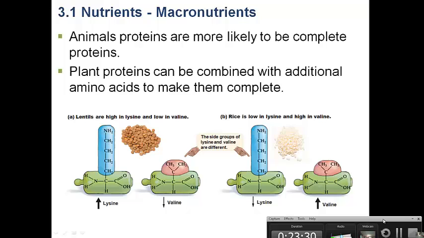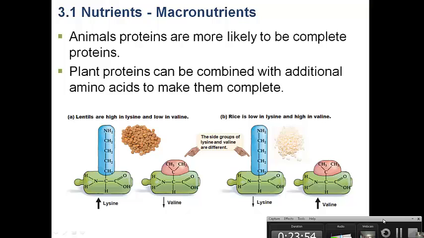Plant proteins are less likely to be complete. They're more likely to have gaps, some absences in amino acids that we have to take in via our diet. And so the overall message we can take away from this is that if an individual chooses to be a vegetarian, there's certainly nothing wrong with that, but it is something you have to be more careful about diet-wise.